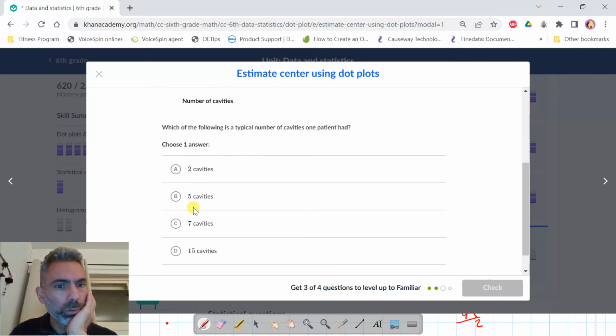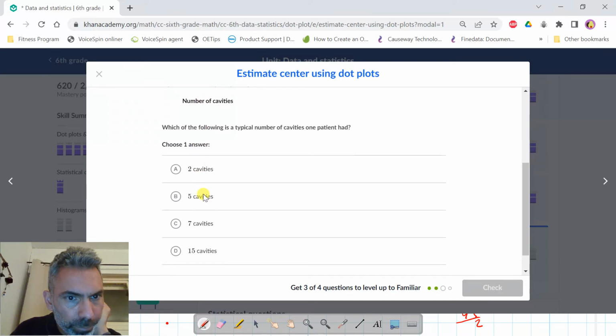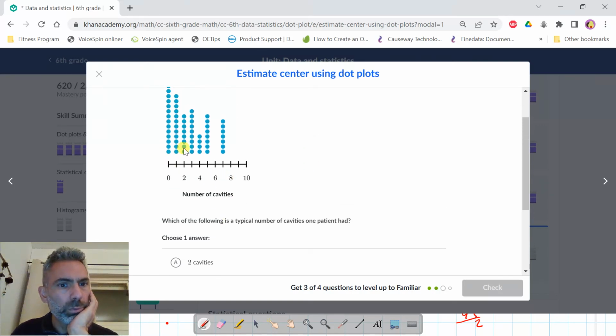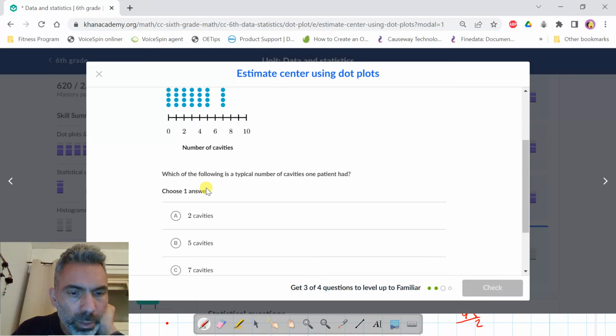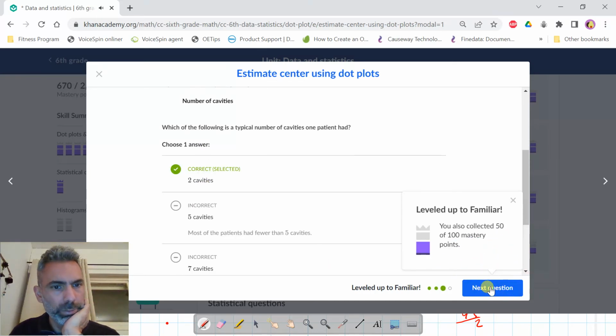So I'd say 2 or 5, because 2 and 5 have the same number of patients. It's strange. I need to choose one answer. I'll go with 2.